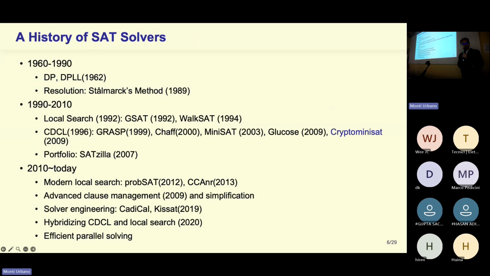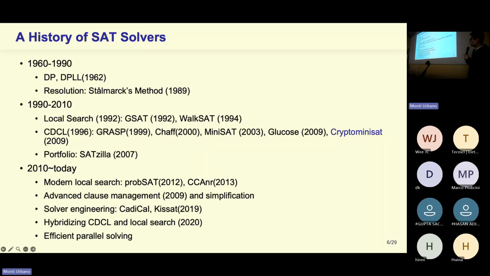And after 1990, this direction came into a boom for 20 years. Local search was first introduced to SAT solving in 1991 and 1992. And then the DPLL algorithm evolved into CDCL, which is the main popular method today.